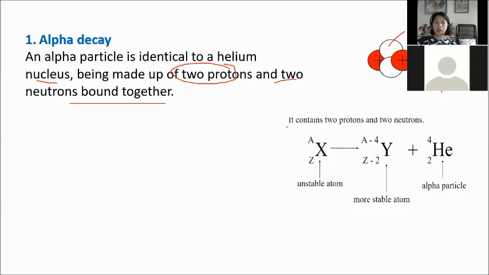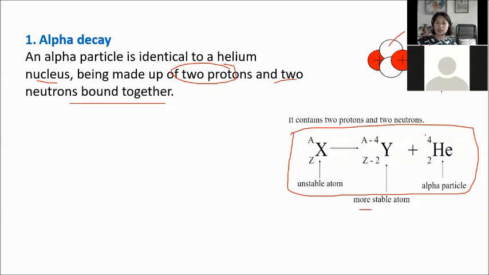Okay, so like in a chemical reaction, meron tayong chemical equation. So in nuclear reaction, we also have this nuclear equation. So in the left side, we have the unstable atom. Sa right side, more stable, but this is not stable, no? More stable than the left side.